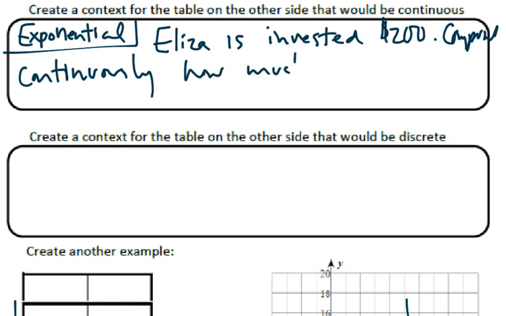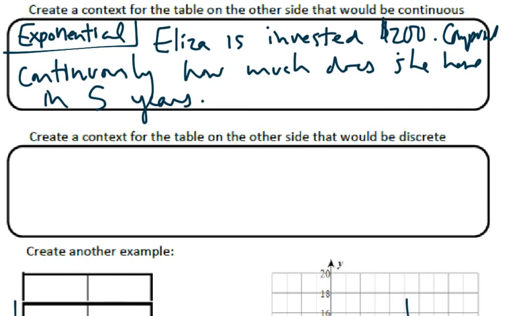How much does she have in 5 years? Okay, so thinking about that one, it would work because in the bank account, it's constantly refiguring how much more interest to add to it.